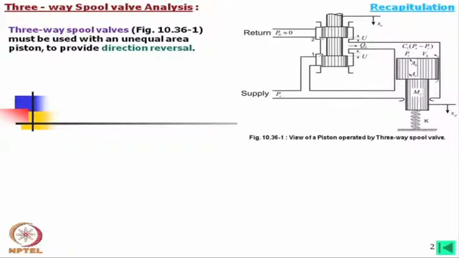Now, in most cases we have found that four-way valves are very commonly used in fluid power. If we control, say, a rotary actuator, any motor, in that case we prefer a four-way valve, because there the direction reversal is not very frequent.